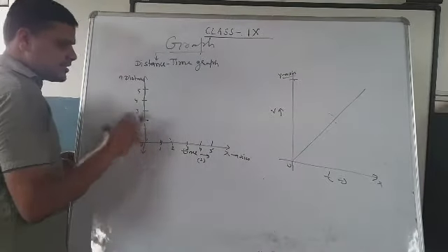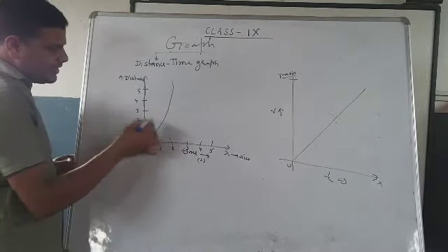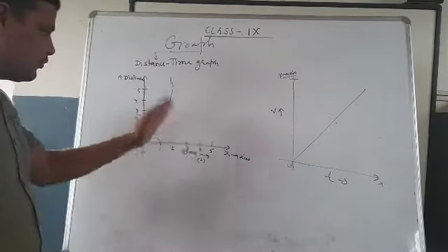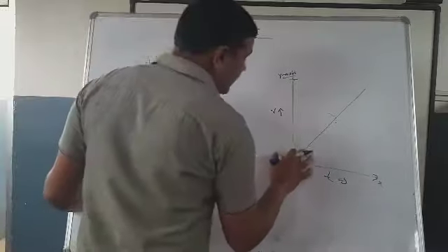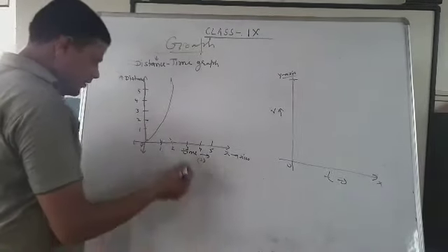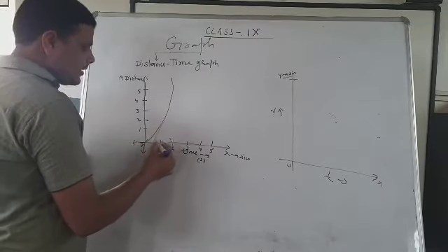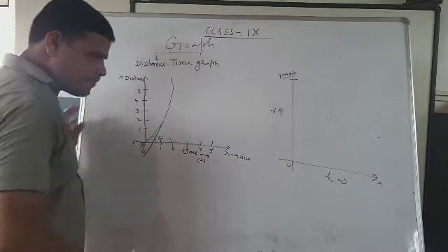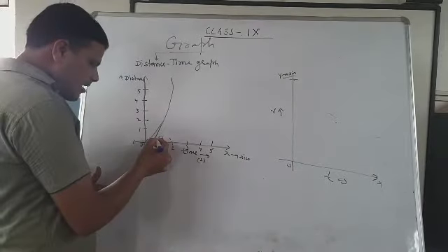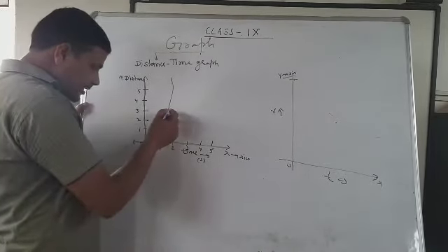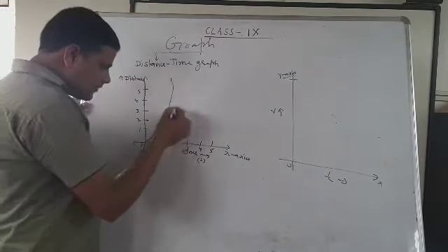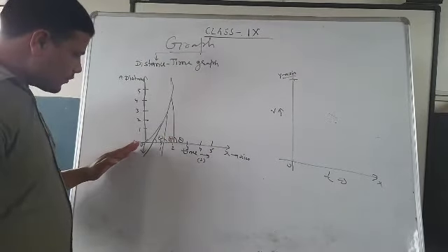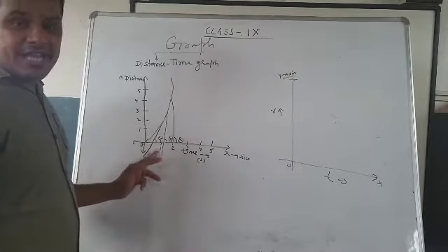Suppose in the distance time graph we get a figure like this. What does this figure mean? In this distance time graph, if we draw a tangent from this part, then from the second part we draw a tangent, from the third part we draw a tangent, then we see that as we go from this point to this point, the angle is increasing.